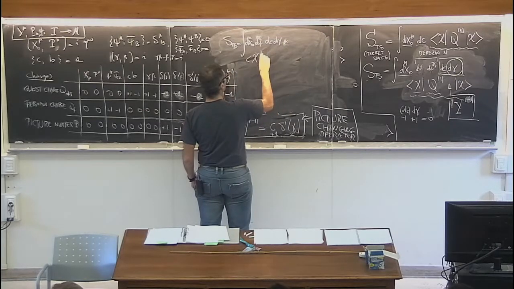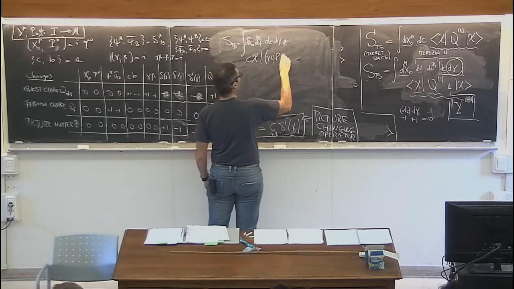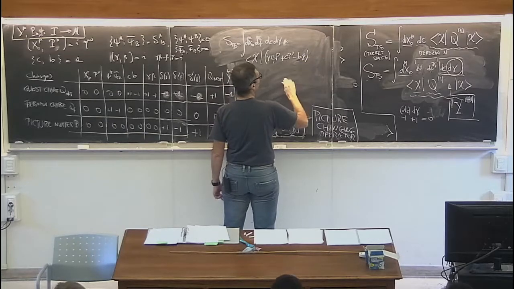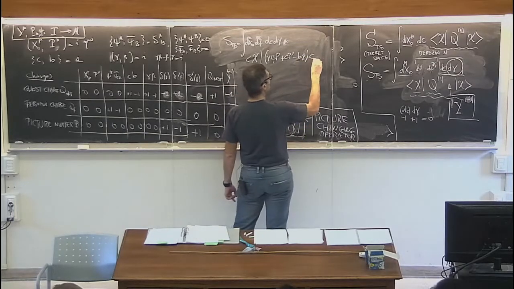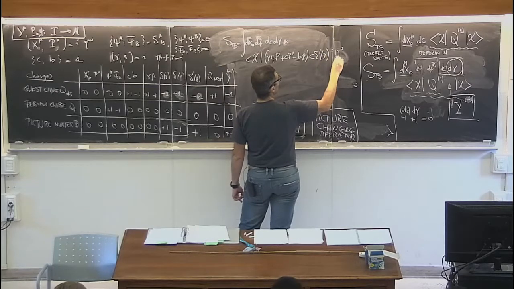We have chi. So here there is a BRST charge, gamma psi plus c p squared minus b gamma squared, times this quantity here, which is c delta prime of gamma times chi.